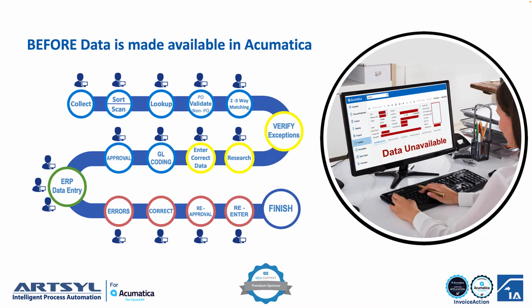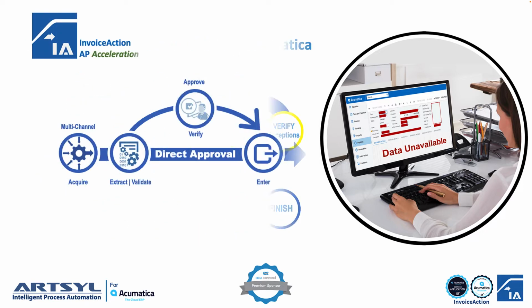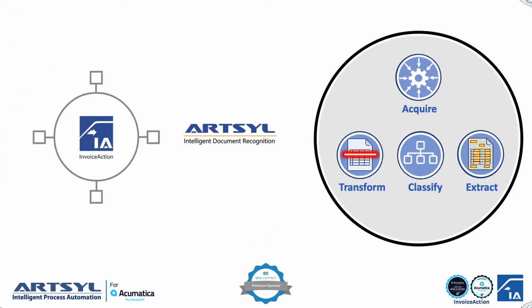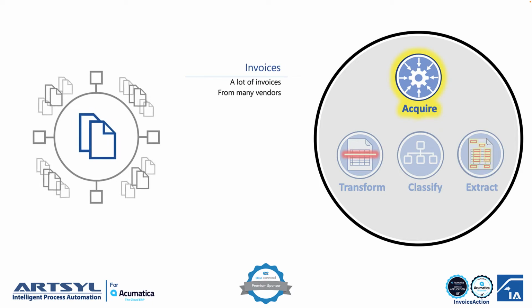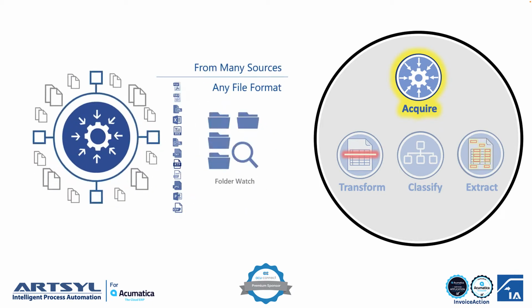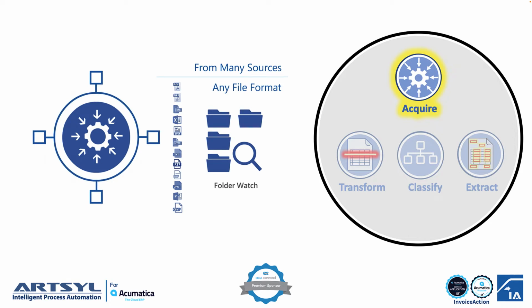InvoiceAction transforms your manual process like this into an automated process like this, a unified workforce of technology and people. Here's how it works. InvoiceAction continuously monitors multiple input sources for invoices and can accept nearly all invoice document types, including digital data files, and we integrate with just about any scanner or MFP.